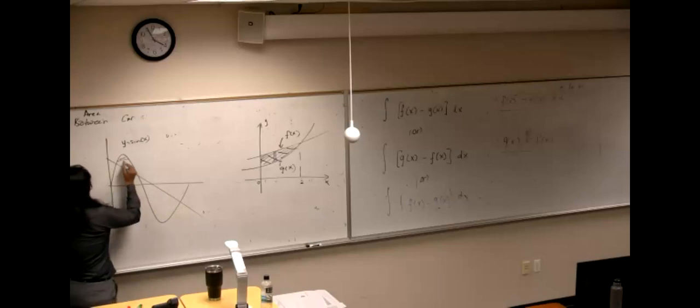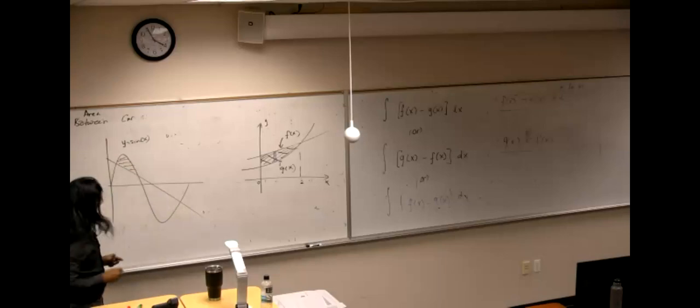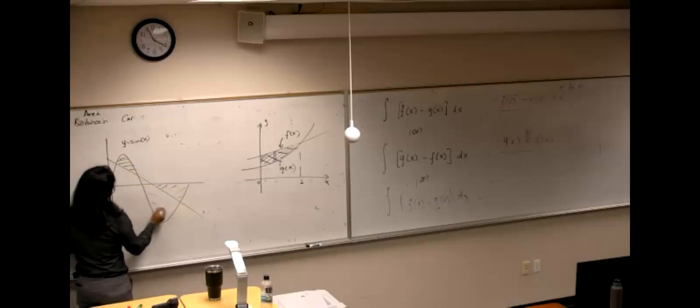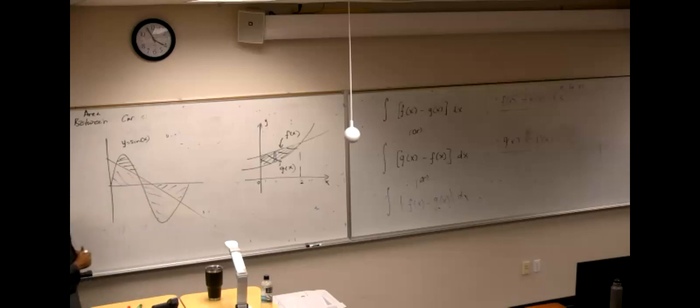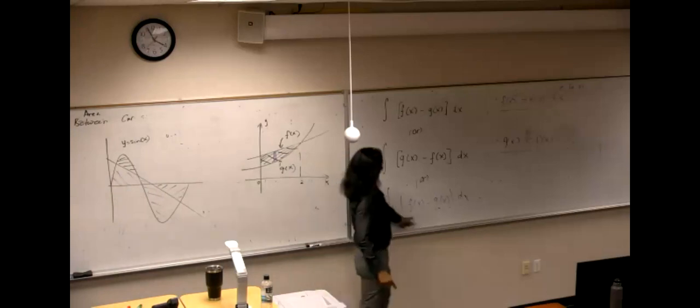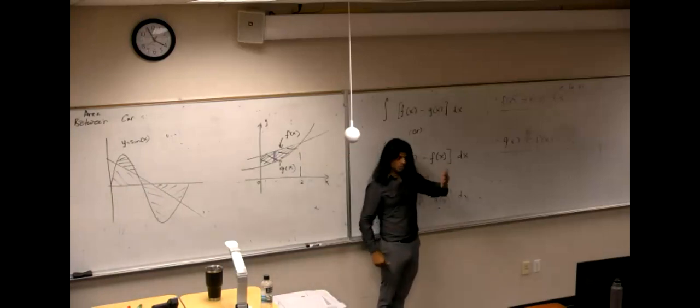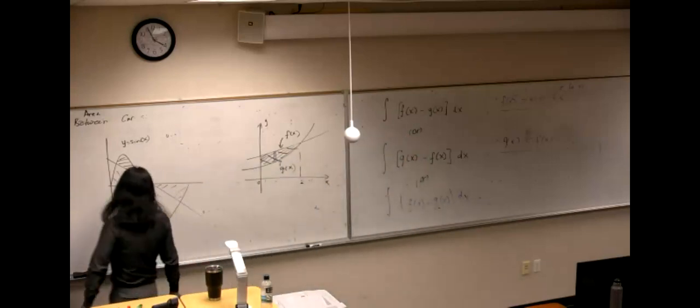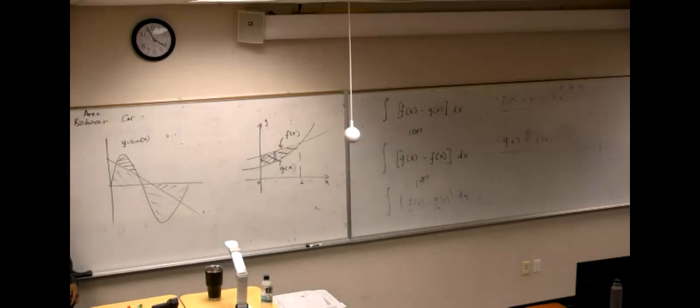So, one part, another part, another part, another part. So in a problem like this, key things to know: 1, absolute value, or upper function minus lower function. 2, points of intersection. Good? Yes, no, maybe. Okay.